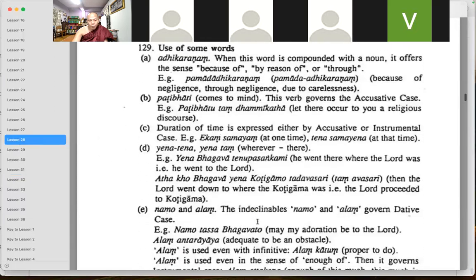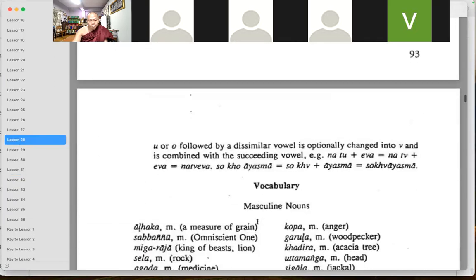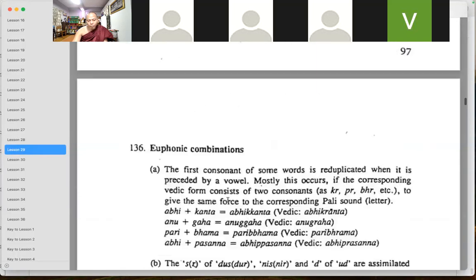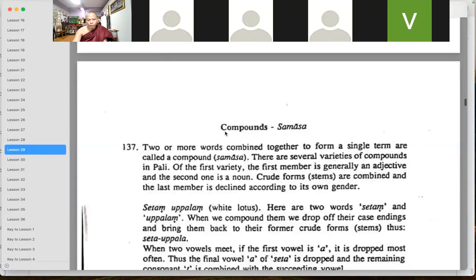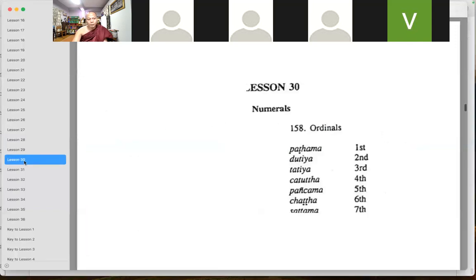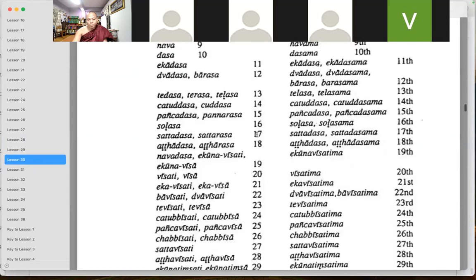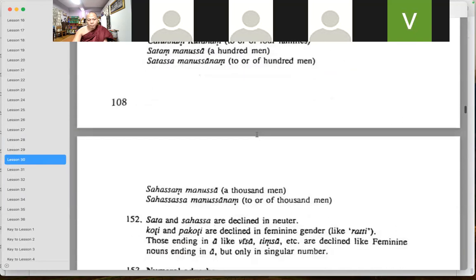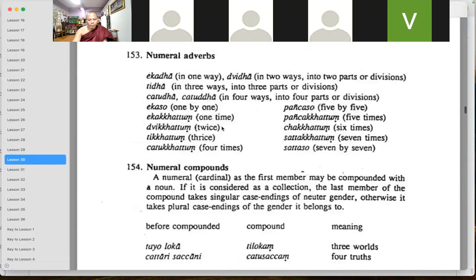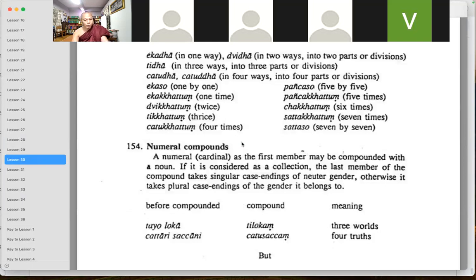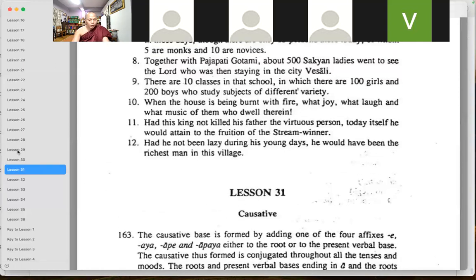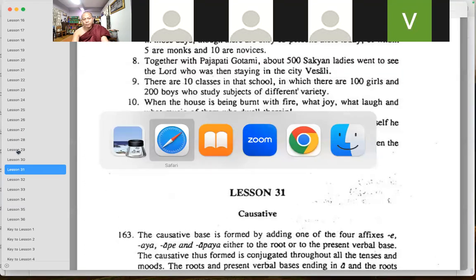Lesson 28, the past. No. Lesson 29. So, after prefix, okay, 29 is sure. Now here compound, so samasa, now lesson 29. And then 30 also after the numeral. So will be compound again. So numeral adverbs of the numeral compound, you see. So lesson 31 is not about that. Causative. So lessons 29 and 30.